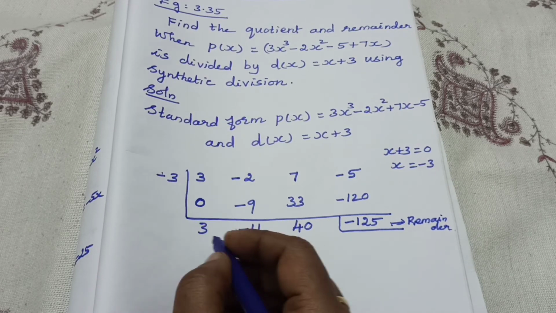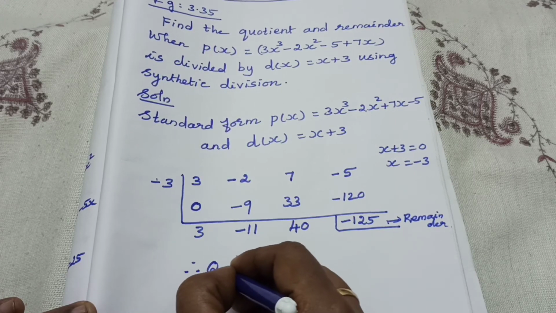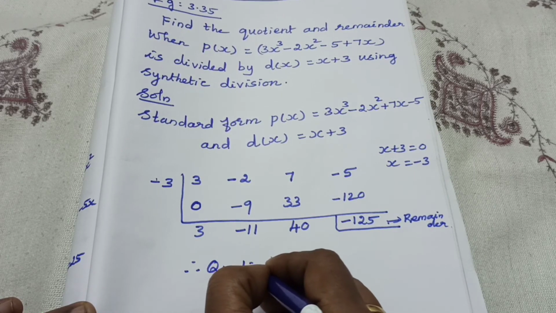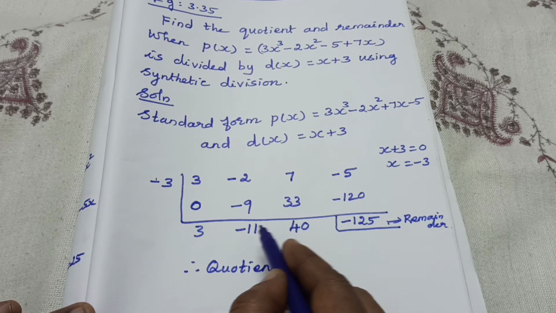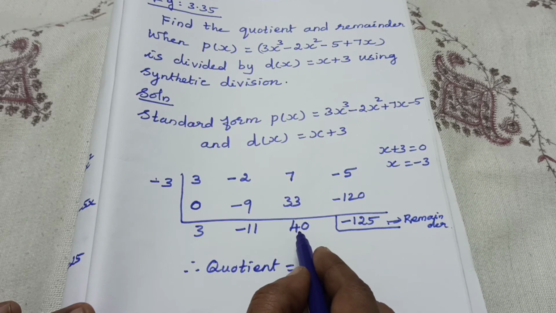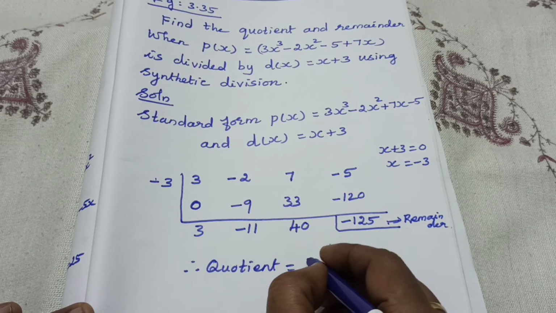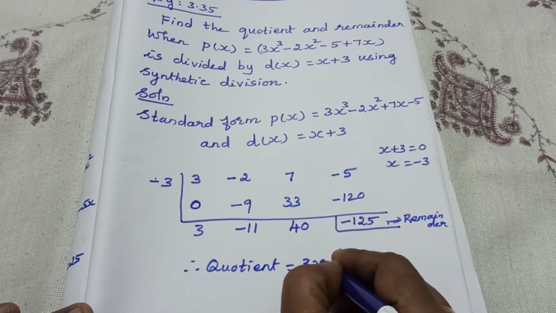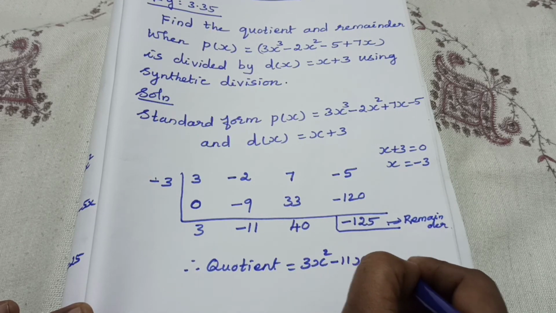Therefore, how can we write the quotient? This is the constant term, x term, and x square term. So the quotient is 3x square minus 11x plus 40.